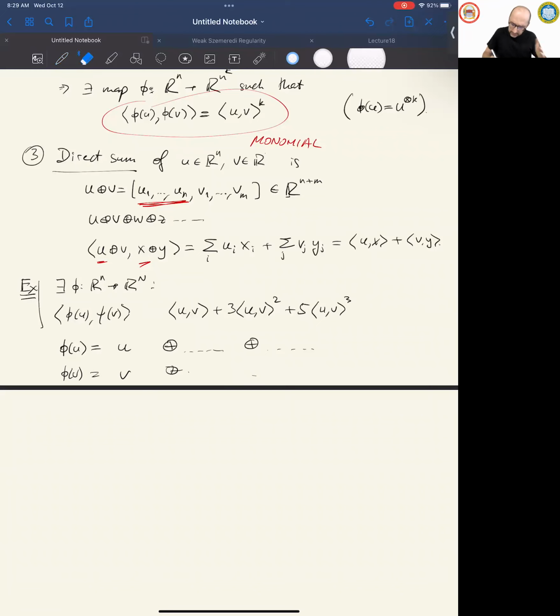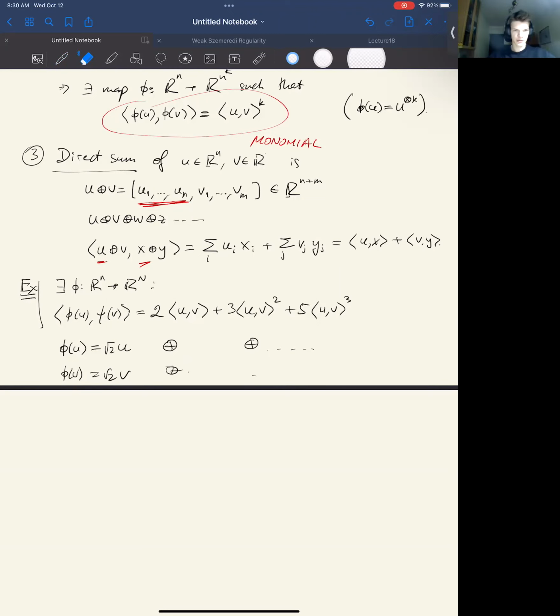Now, let's recreate 2. Then instead of u, I should put root 2, so that phi of v will also be root 2, and then root 2 times root 2 will give me 2. So root 2 u. Agreed?